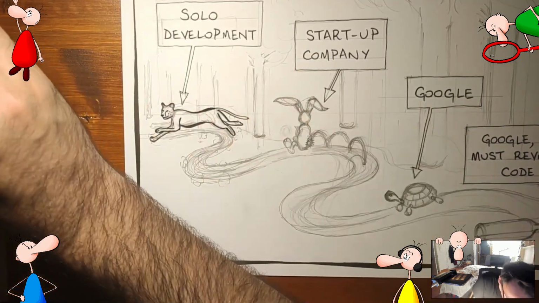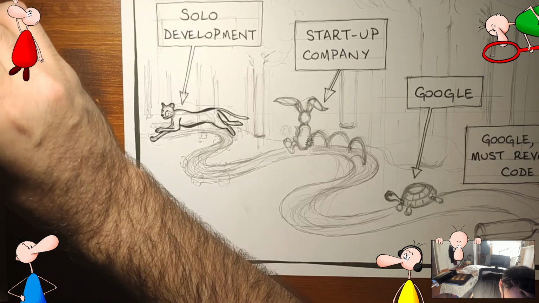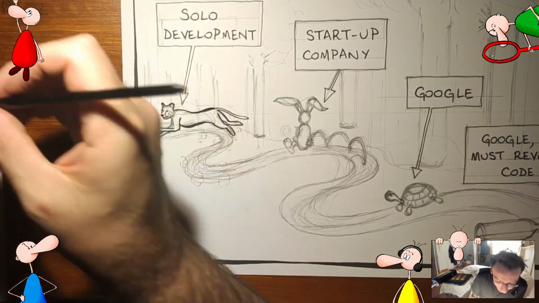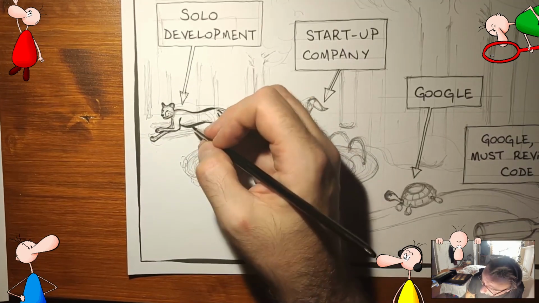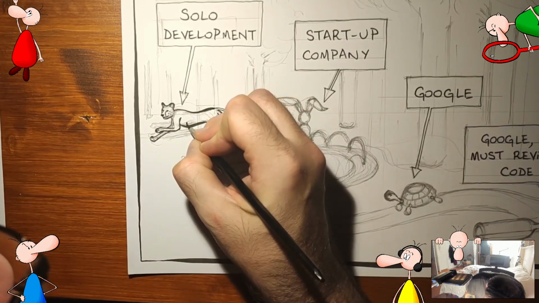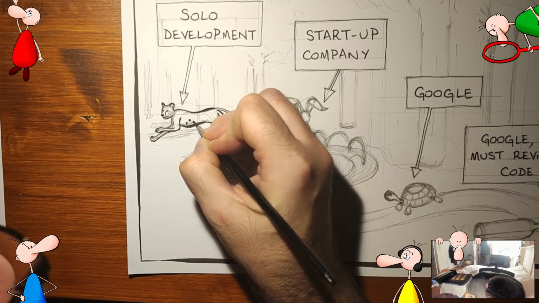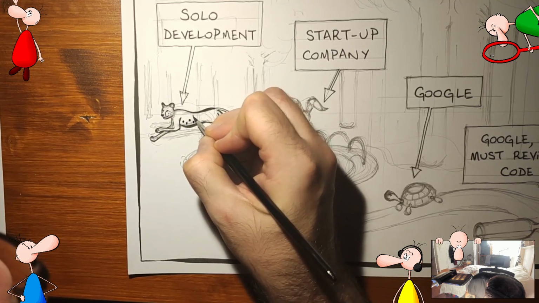Alright, let's draw some dots. Let's see, they are bigger on the body and smaller elsewhere.